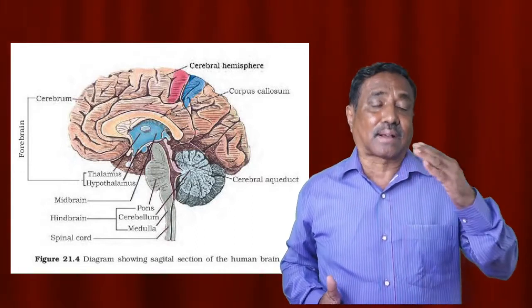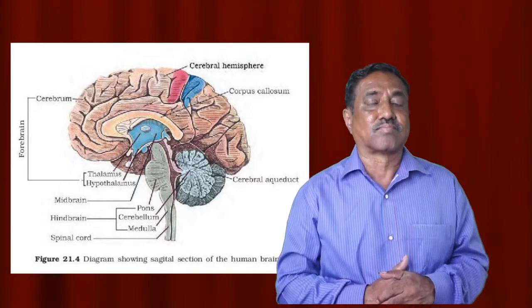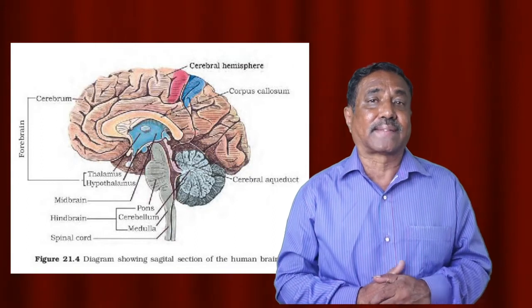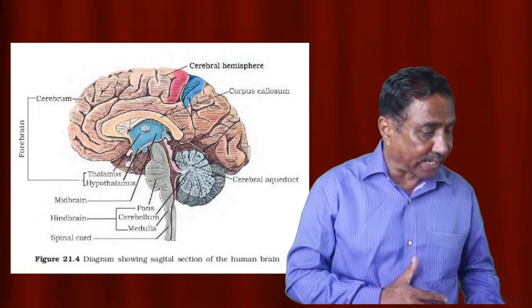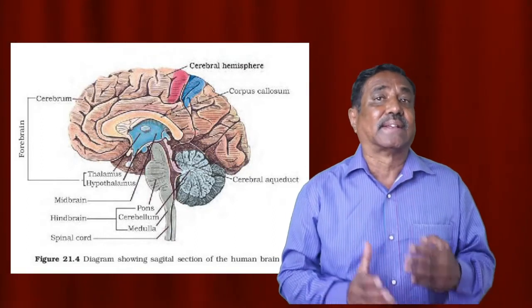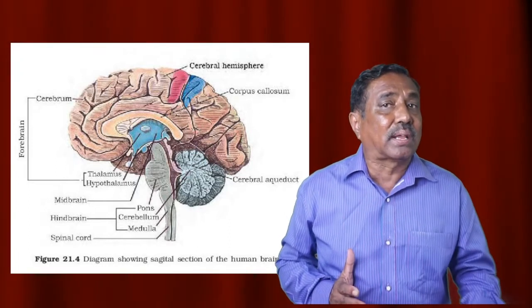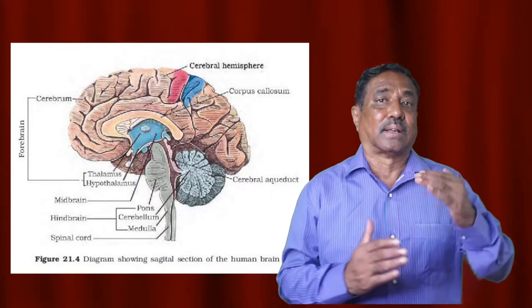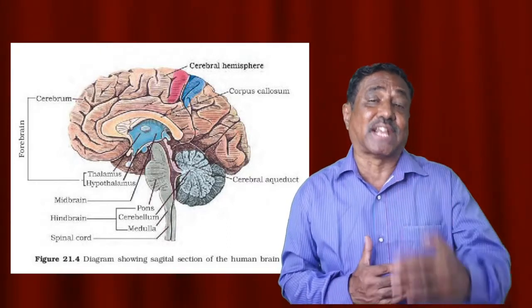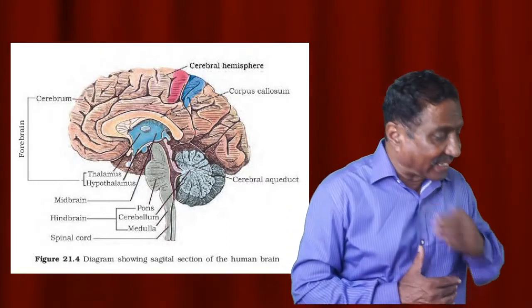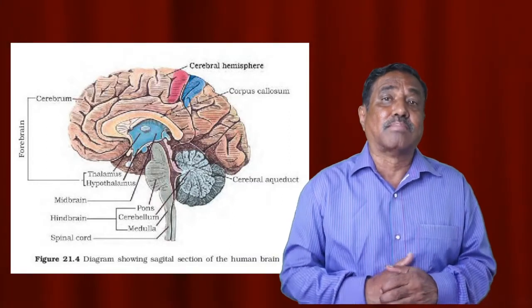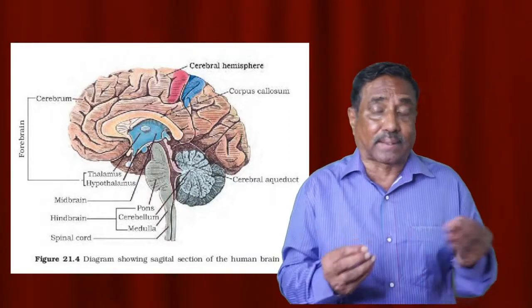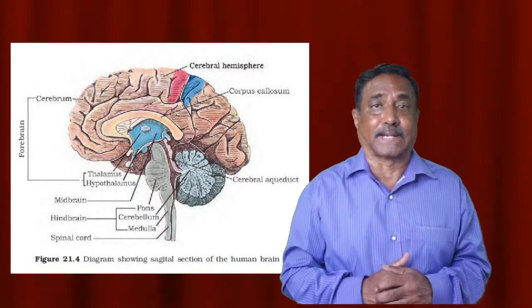In the cortex region, there are sensory areas and motor areas. There are certain areas which are neither sensory nor motor. Such areas constitute the association area, which controls memory and communication. That is very important.